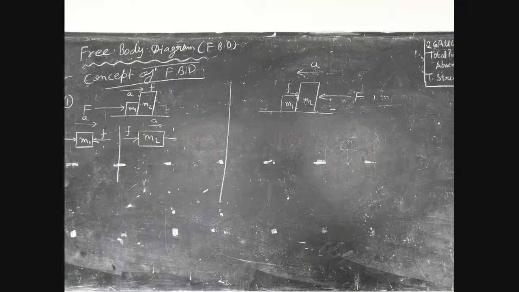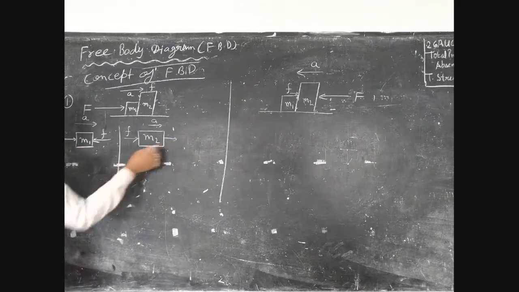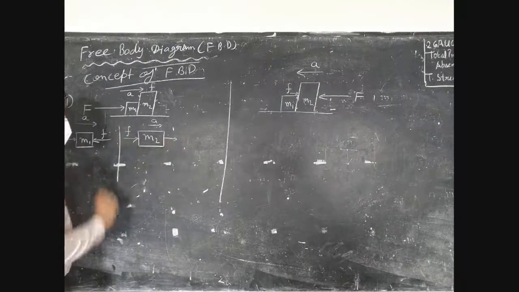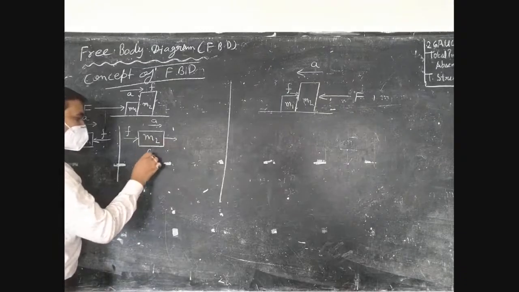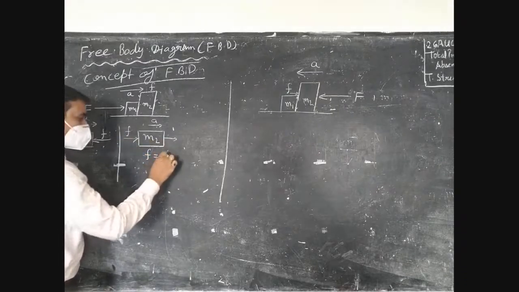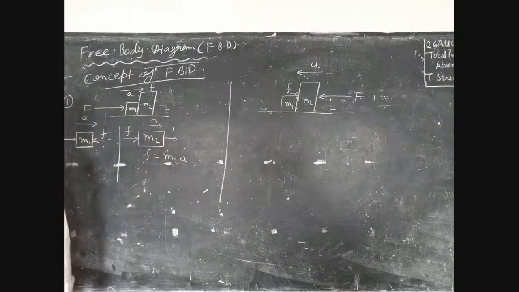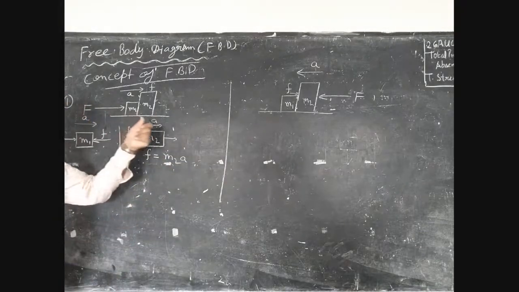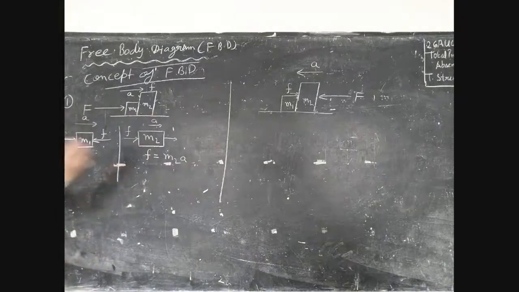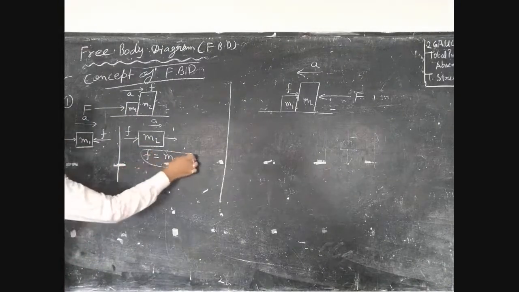Now you need to solve the net force situation. Here the force f, how much is it? The answer is this f is equal to m2a, because there is nothing to stop it. If it gets motion, it will move with the acceleration. Okay? So this becomes your first equation.